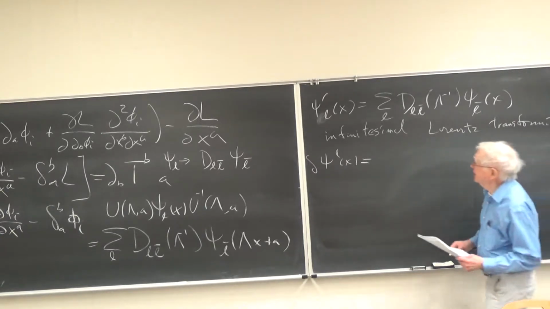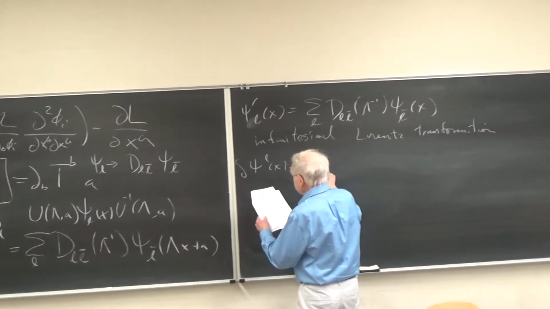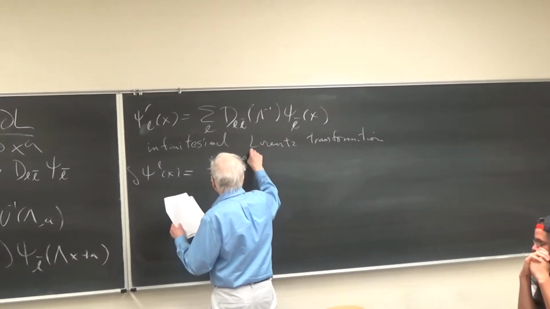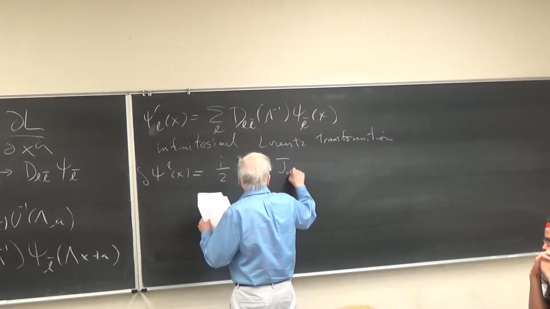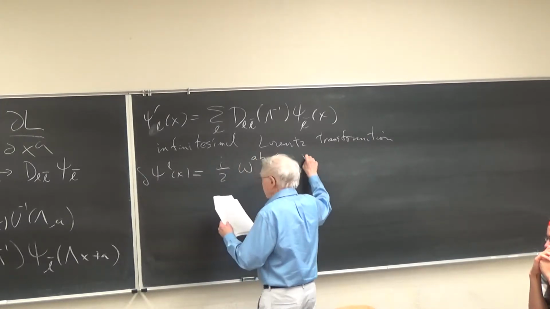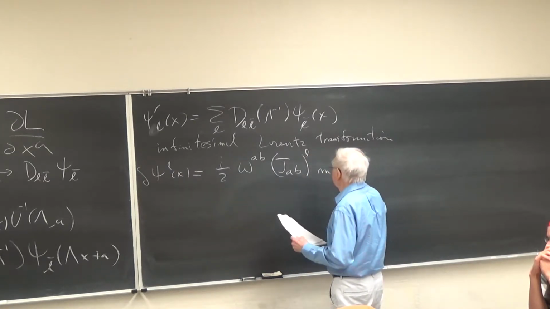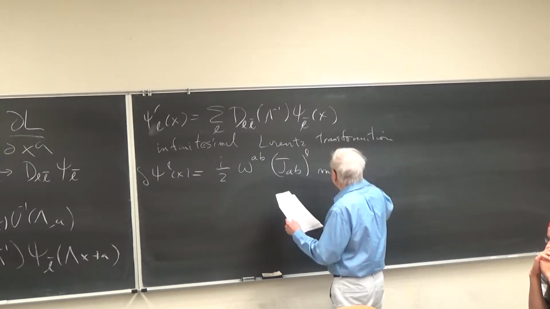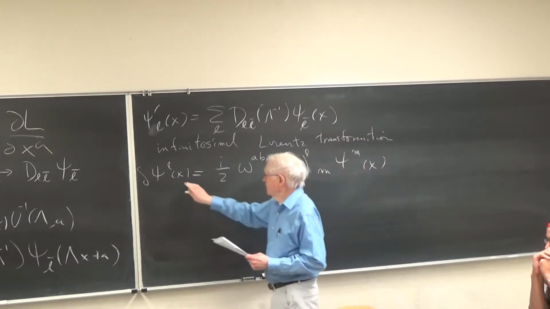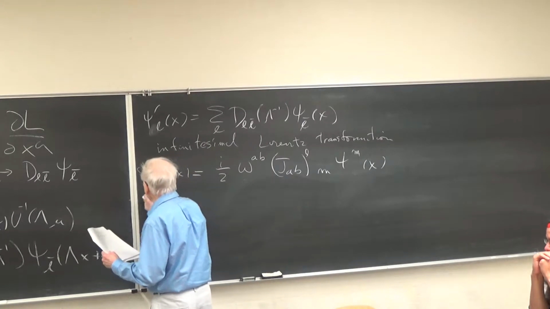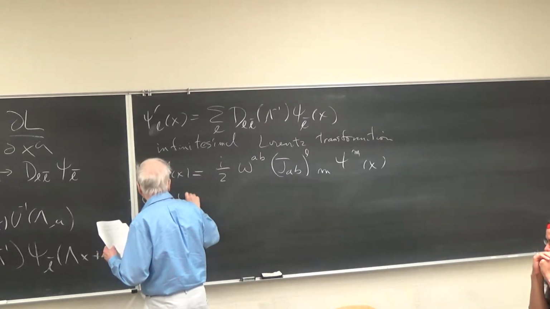We're just looking at how the field indices transform. Then this is i over 2 omega_AB, J^AB, the LM matrix element of J^AB, times psi_M of x. So this is the transformation we're talking about.